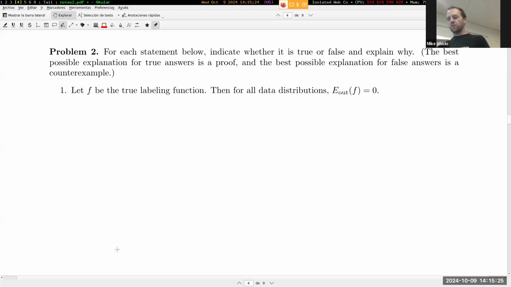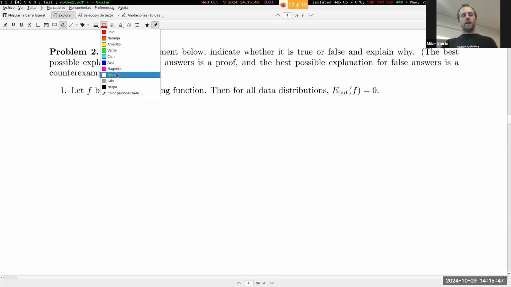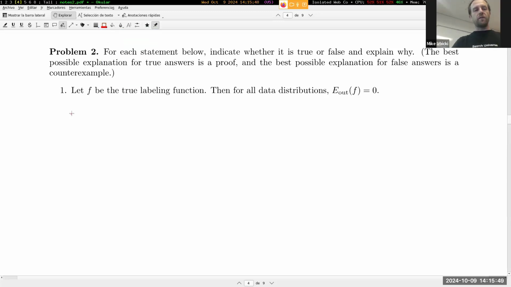So let's start talking about this first one here, which is maybe not exactly the same as our quiz problem, but related because it's talking about f, the true labeling function. And so let f be the true labeling function, then for all data distributions, E out of f is equal to 0. Again, these are prove or provide a counterexample problems. And this is going to be a false statement.